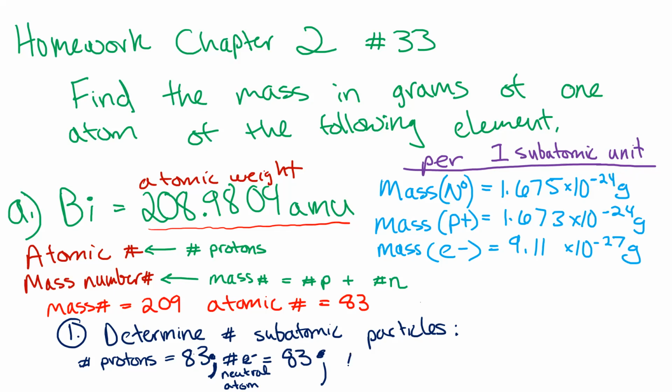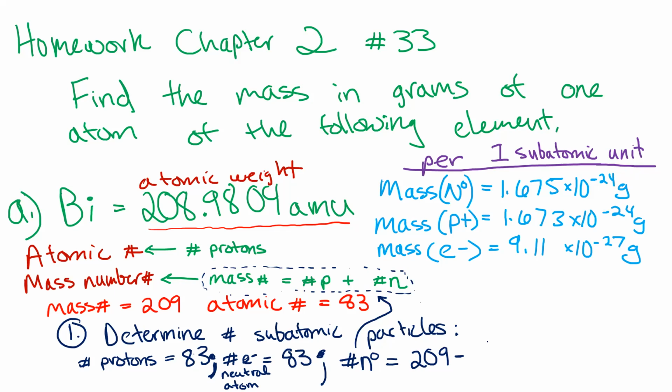Okay. So finally, we go to the number of neutrons, which comes from taking our mass number 209 and subtracting the number of protons, because we're referring to this equation right here: the mass number is equal to the number of protons plus the number of neutrons.